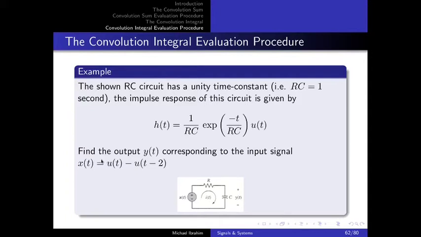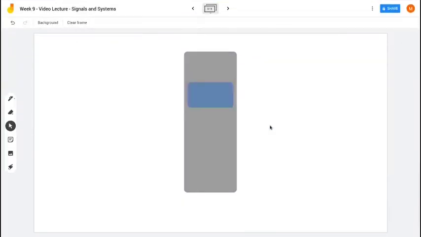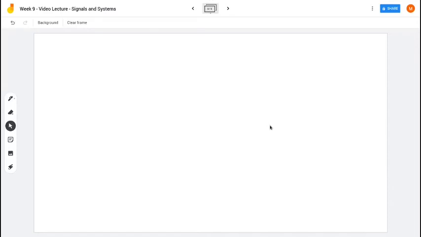So first step, we'll do it by plotting h of tau and x of tau, and then choosing one signal to keep as is and the other one to mirror and shift. Let's try to plot h of tau. It's an exponential function times u of t. So it starts at 0 going up to positive infinity. So let's go to our whiteboard over here. And this is h of tau.